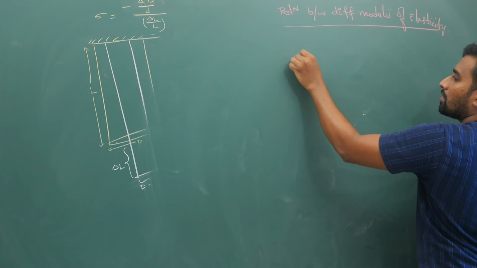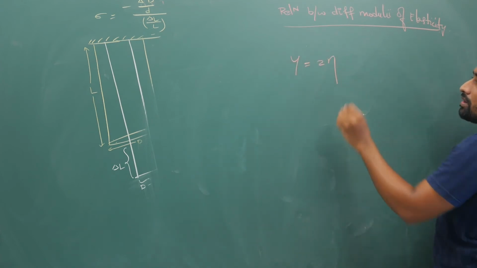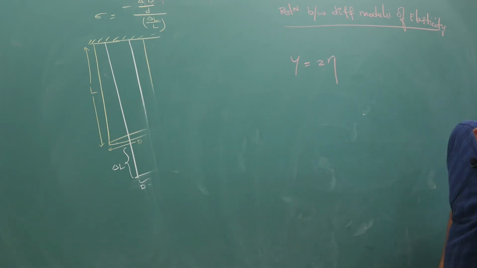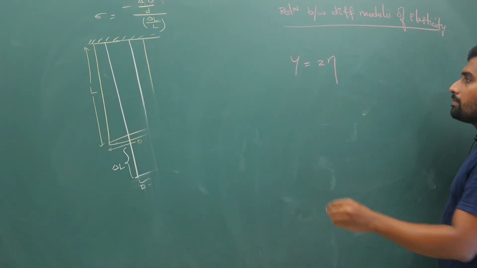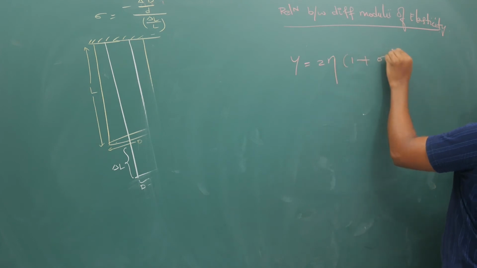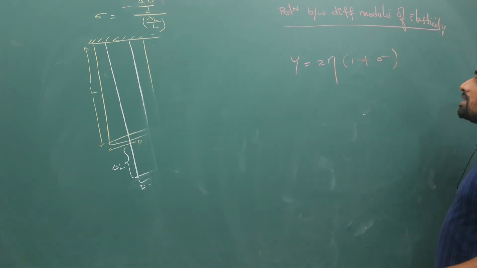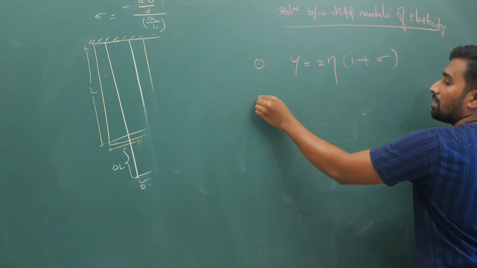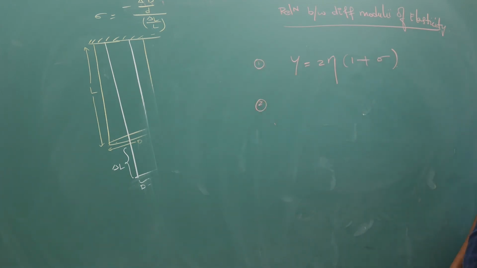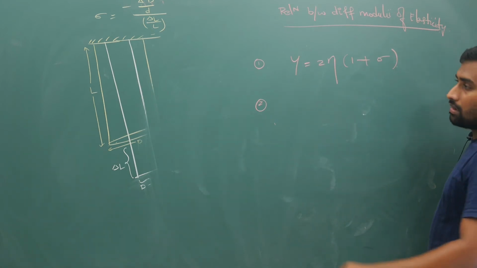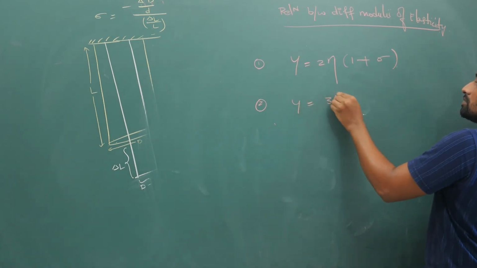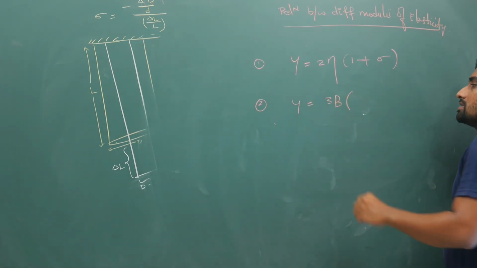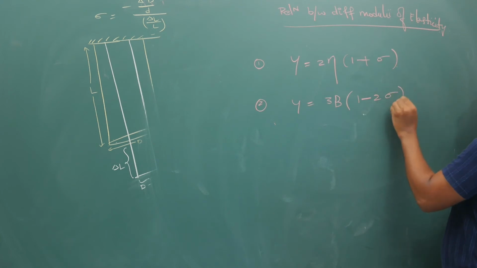So your Young's modulus Y is 2 times the modulus of rigidity times 1 plus sigma. Sigma is Poisson's ratio, Y is Young's modulus, eta is modulus of rigidity. Your second relation is Y is equal to 3 times the bulk modulus B times 1 minus 2 times sigma.